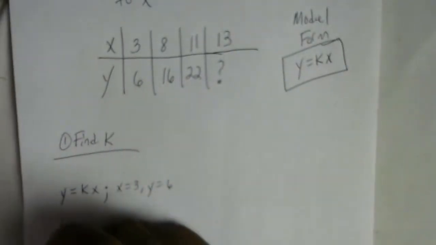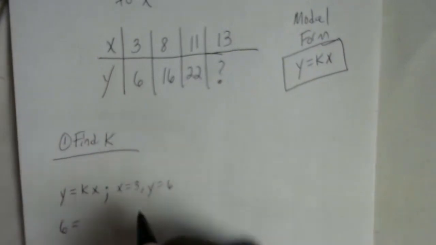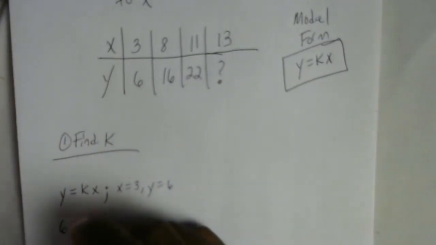So I'm going to write this out as 6 is equal to 3 times k. Now I can solve for k. The opposite of multiplying k by 3 is to divide by 3. So if I divide both sides by 3, I have 2 is equal to k. So this will be my constant of variation, 2.